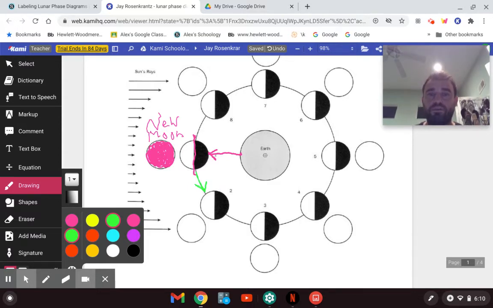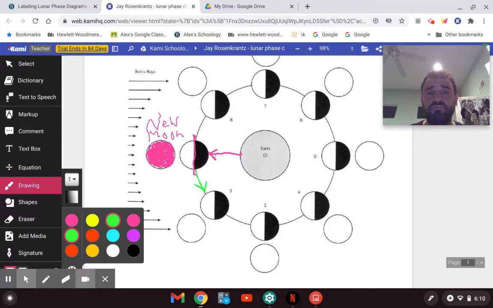When in doubt, almost everything goes counterclockwise. Okay, the moon goes around the Earth counterclockwise, the Earth goes around the sun counterclockwise, and the Earth also rotates from above the North Pole counterclockwise. So if you're not sure, more likely than not, if you go with counterclockwise as a guess, you're likely going to be correct. All right.